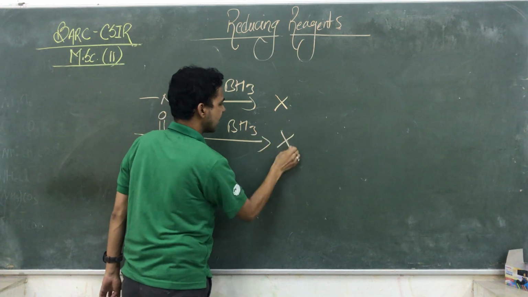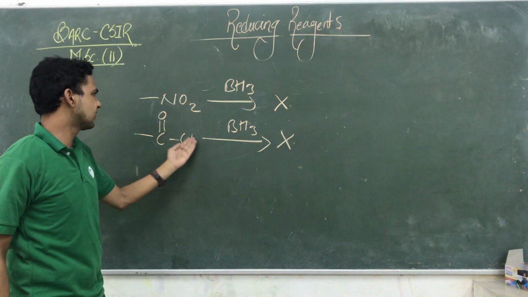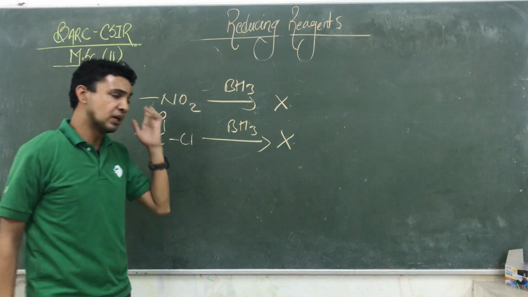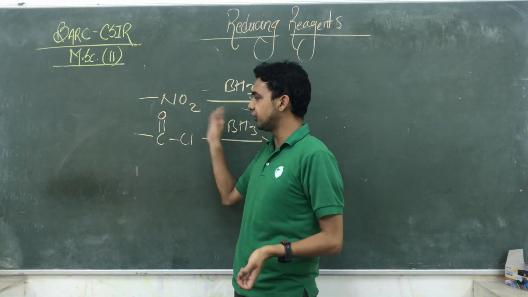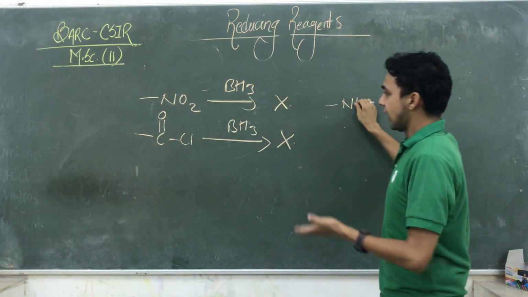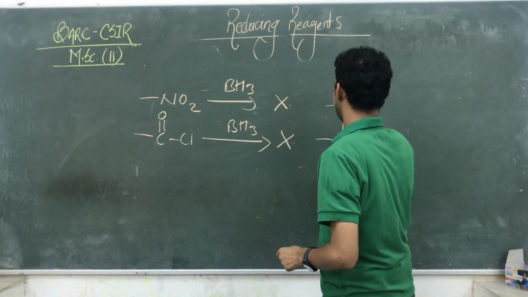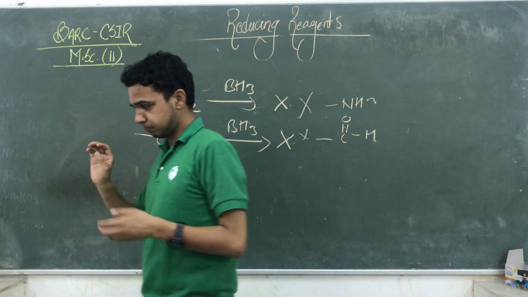So these reactions do not take place in the case of BH3. Why? Due to the availability of electron withdrawing groups, we are not able to easily reduce these compounds. NO2 is not converted into NH2, and COCl is not converted into CHO. This reaction does not take place.